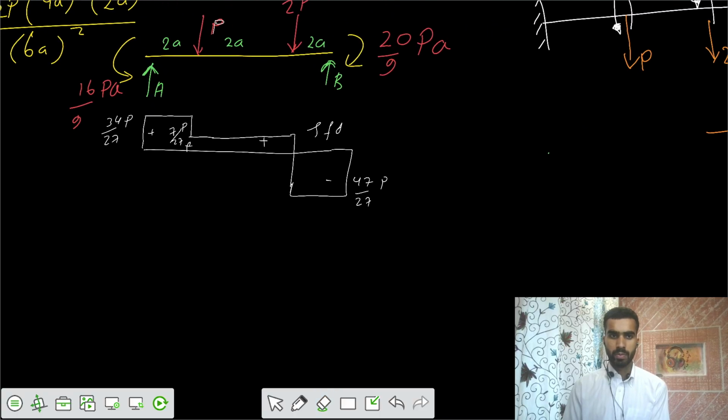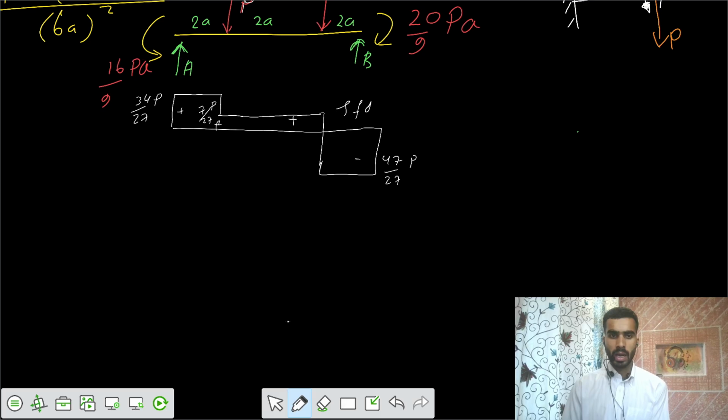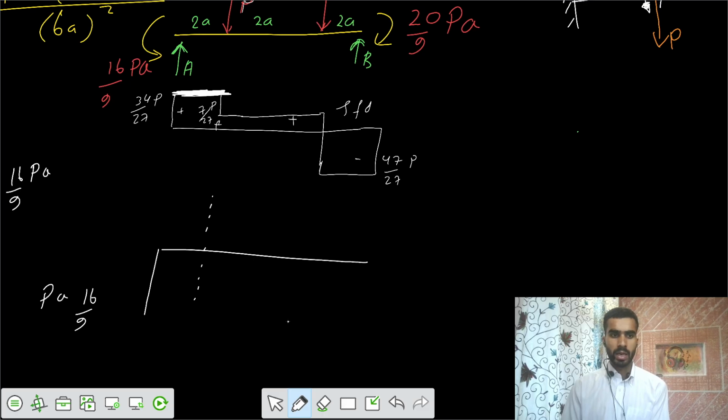Let's have the BMD. I would say you are applying an anti-clockwise 16/9 PA. Then there is a linear variation. I would say the bending moment diagram would be a linear variation, such that the value of moment here would be equal to 16/9 PA. This is negative, and I have to add the area of that SFD between the 2 points.